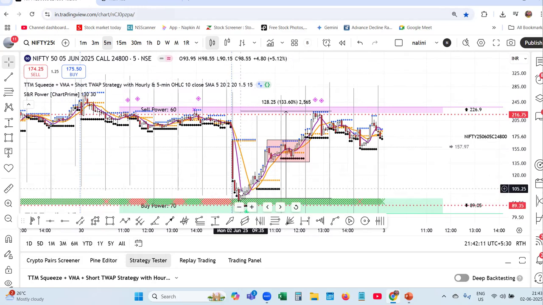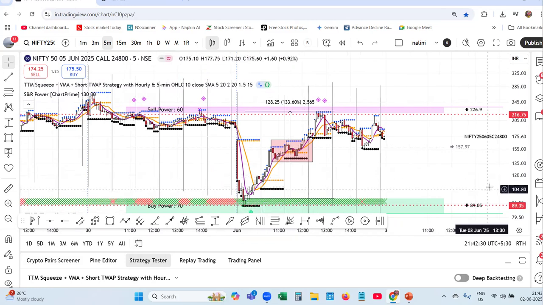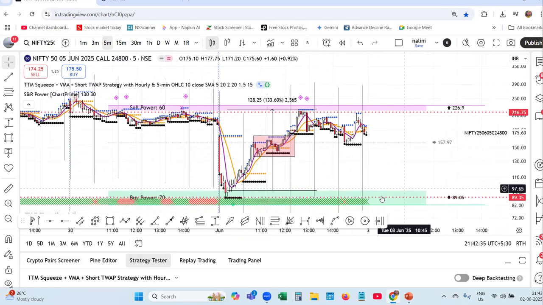The TTM squeeze is for the Bollinger Band Keltner channel squeeze, and also moving average, TWAP for entry, as well as variable moving average. Variable moving average is nothing but adaptive moving average, which adapts to the price action, and power channels. What more do you want?